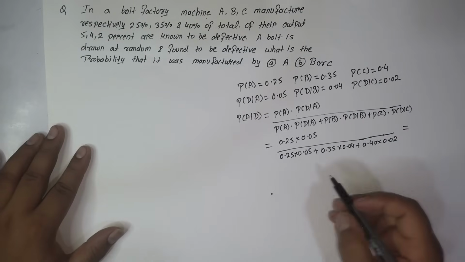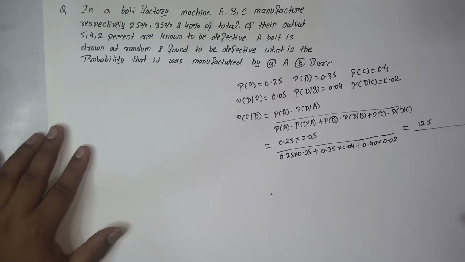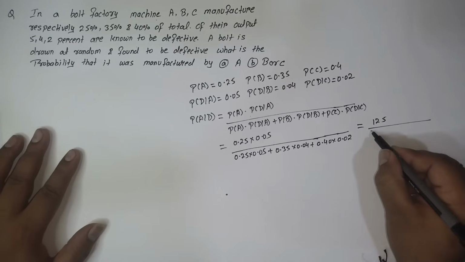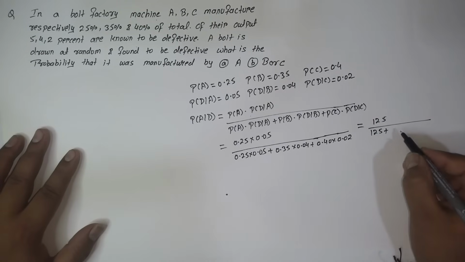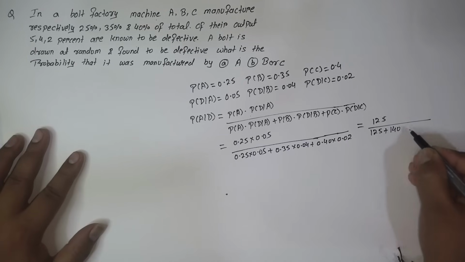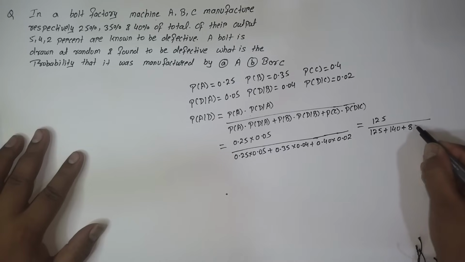Now we can write it as 125 divided by 125 plus 140 plus 80.